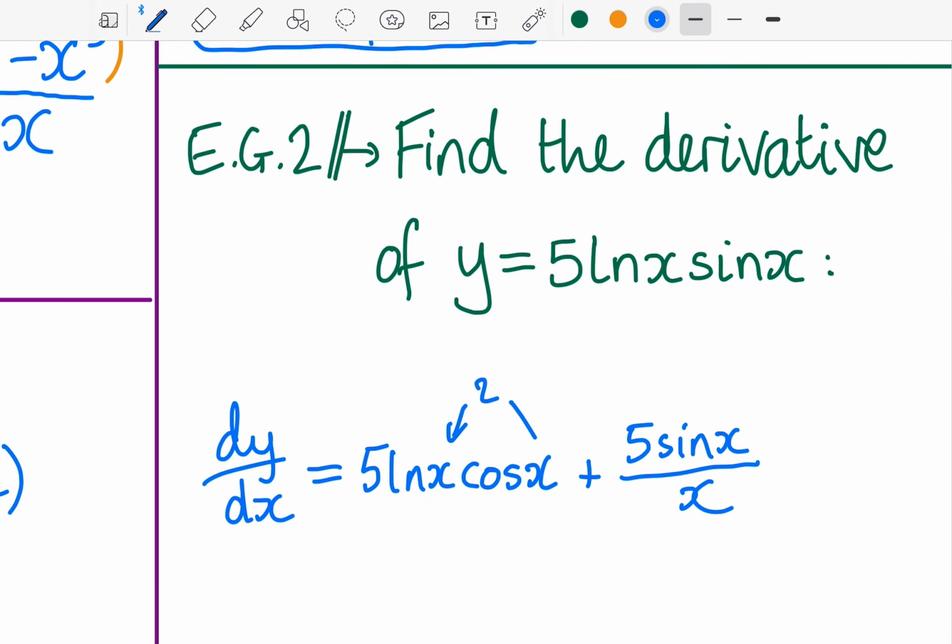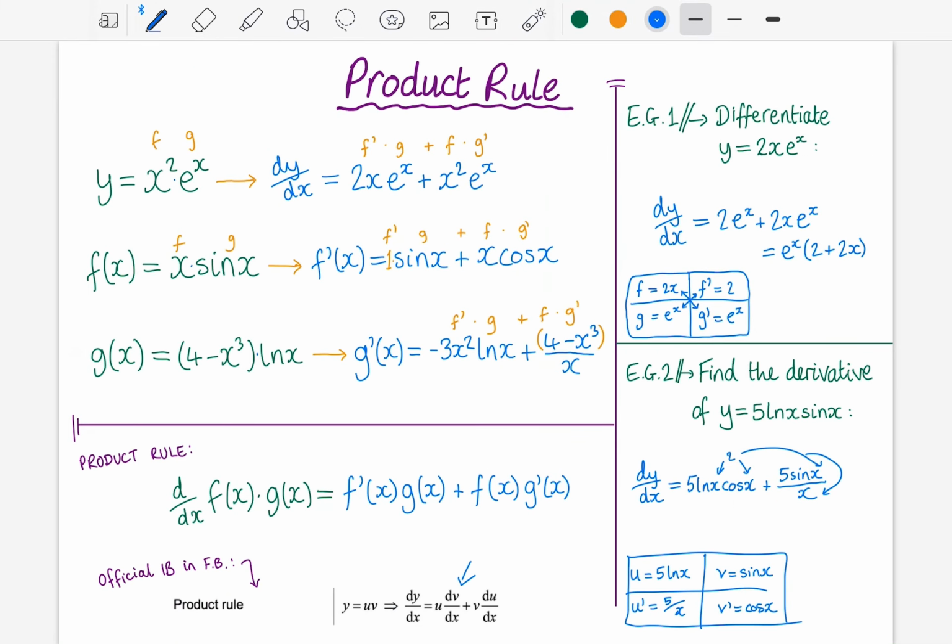I would then plug in 2 into x, into all 4 of these places, and I'd get a numerical answer that would be the slope of the tangent at that point. I could find equations of tangents and normals. I could find stationary points, inflection points if they have them. I could find the second derivative to classify stationary points or find inflection points, or look at the concavity. All of those things are now possible with a product of 2 functions, and that is through the product rule.